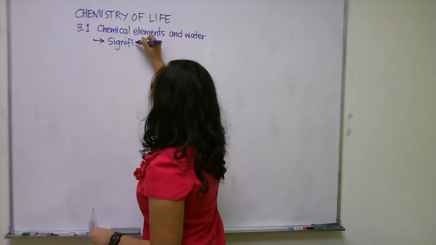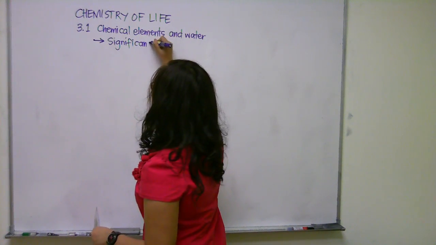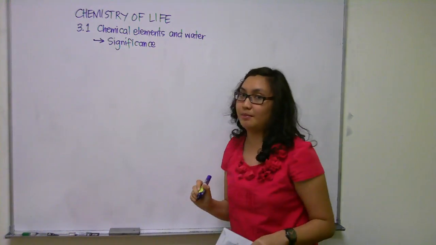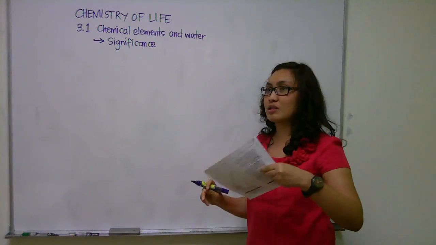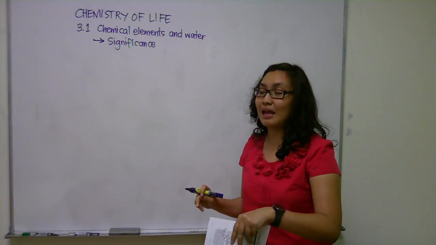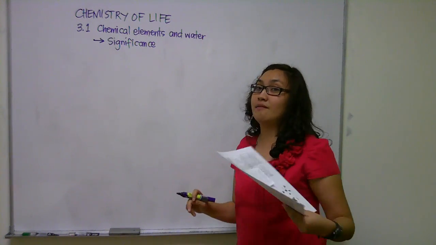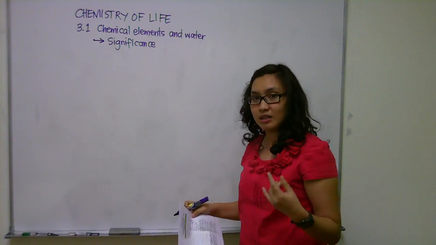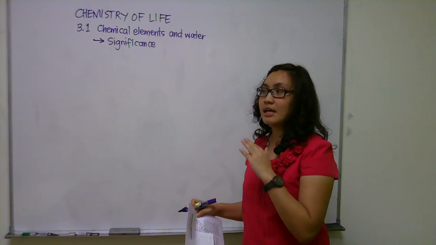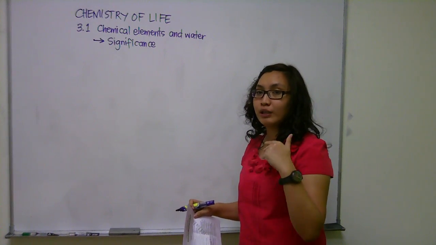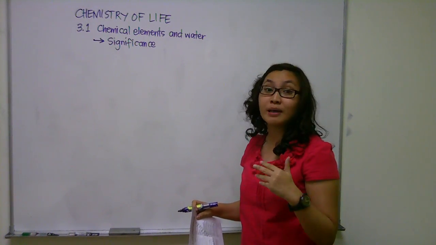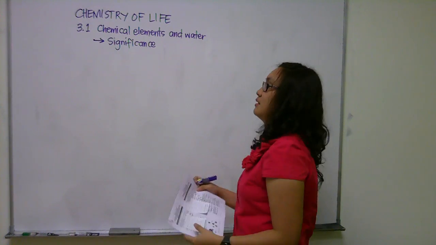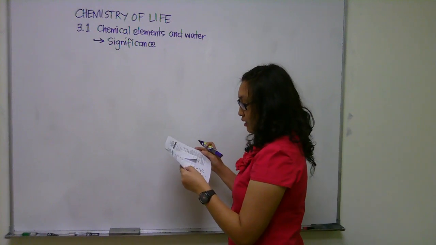are the significance of chemical elements. So what are the most commonly occurring elements that are present in living organisms? This includes carbon, hydrogen, oxygen, nitrogen, and sulfur, because these comprise organic substances that make up living matter or living organisms.